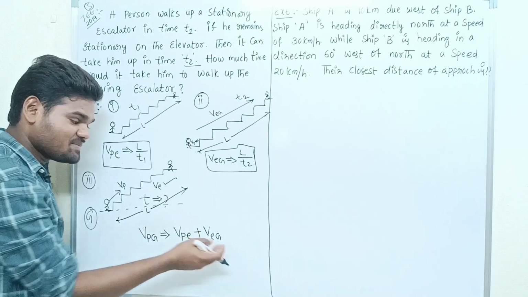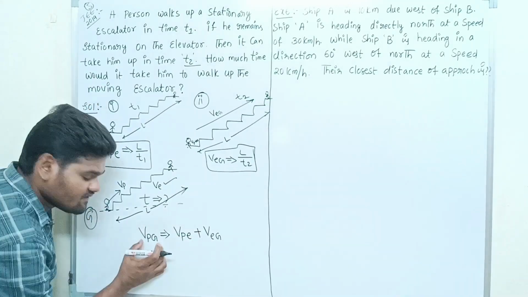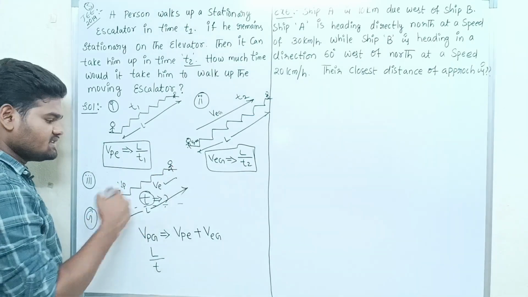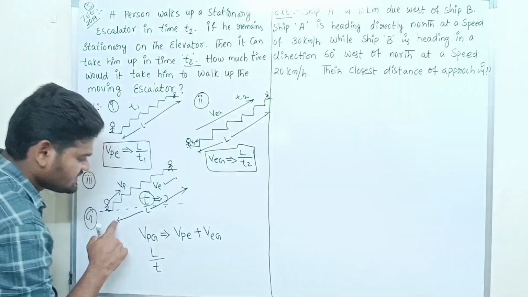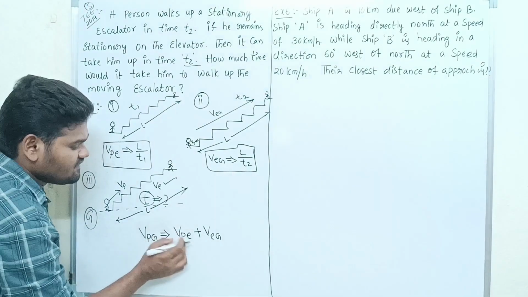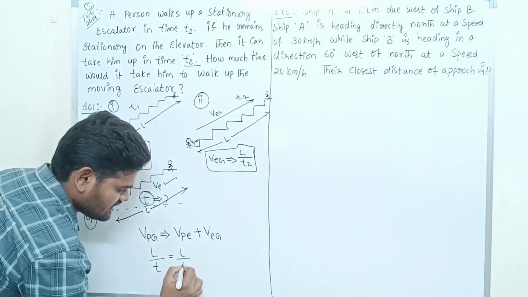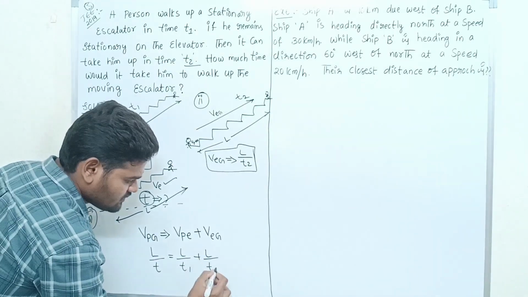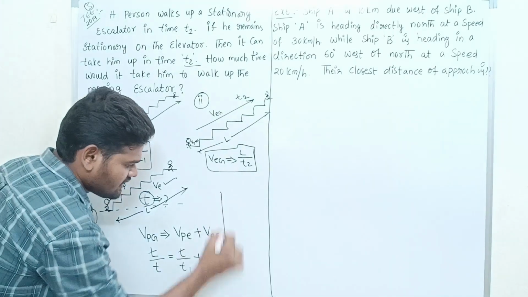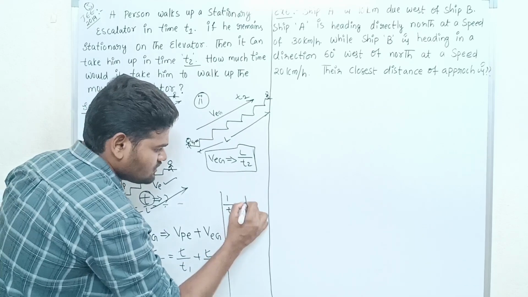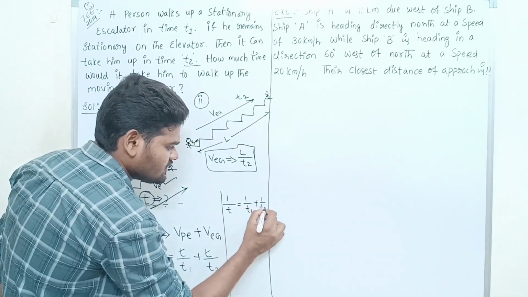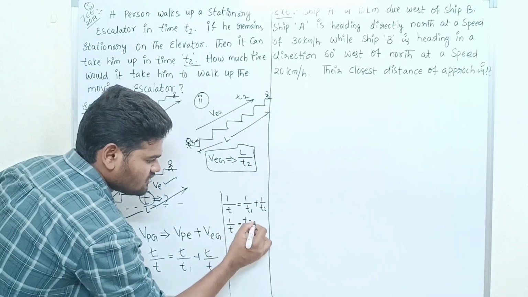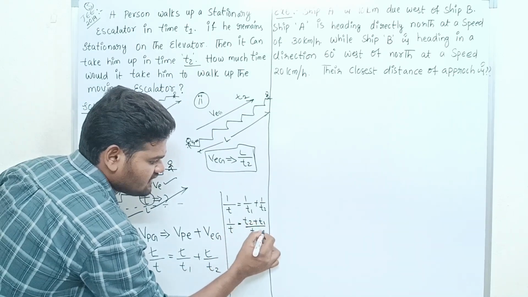Here S means ground. Velocity means distance by time. Let us say the time taken by the person to go from this point to this point is T. The distance is the same, L, so L by T equals Vpe, which is L by T1, plus Veg, which is L by T2. L gets cancelled out and we get 1 by T equals 1 by T1 plus 1 by T2, which is (T2 plus T1) divided by T1 T2.